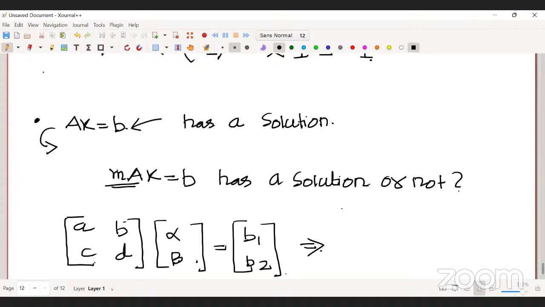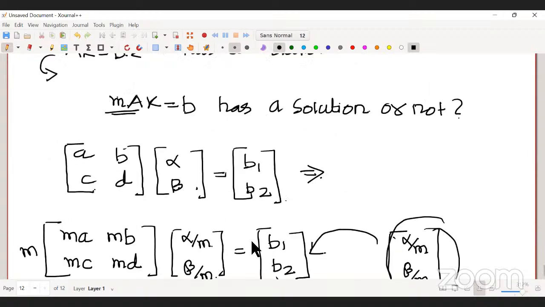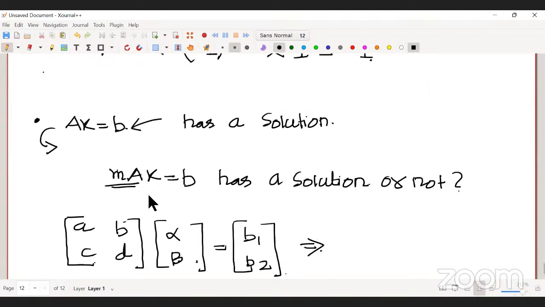For that I have to divide by one M in the solution, so that the M and this M get cancelled. Eventually I'll get the original. That is the main idea.